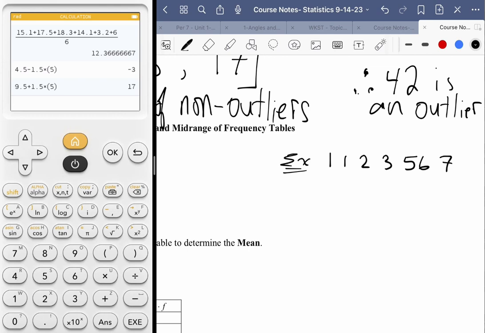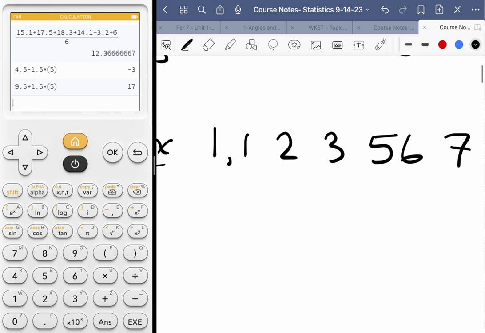But if I'm looking at this data critically, so again, I'll put some commas there so you know the demarcation, that 56 kind of stands out. I'm looking at a 1, 1, 2, 3, and a 7, and then slapped right in there is a 56. I don't really need a calculator to figure out that 56 is an outlier. 56, I wrote 57. 56 is an outlier.